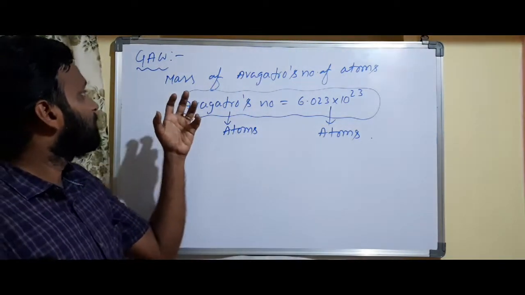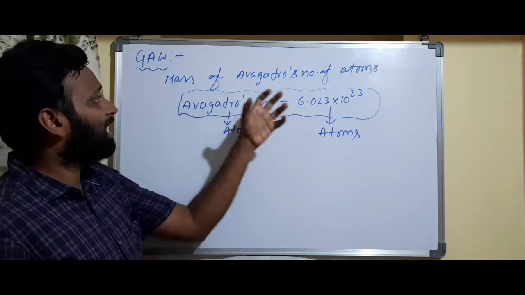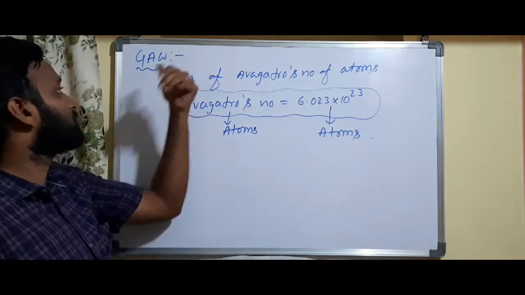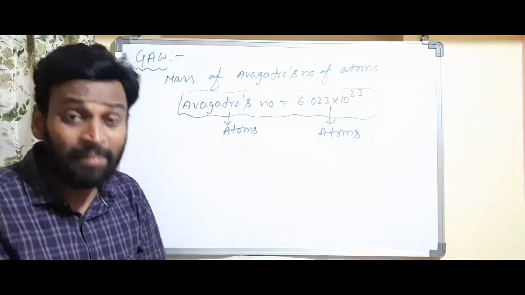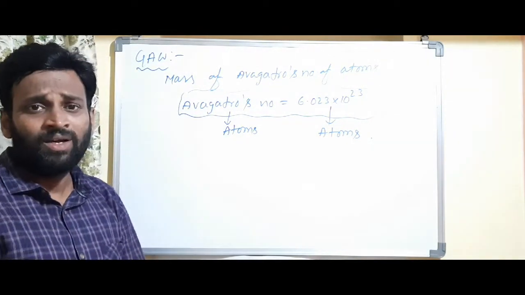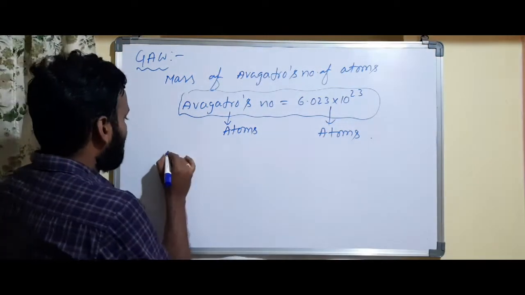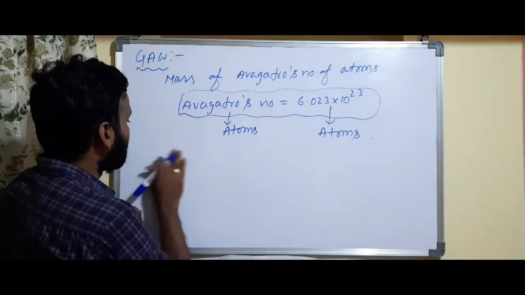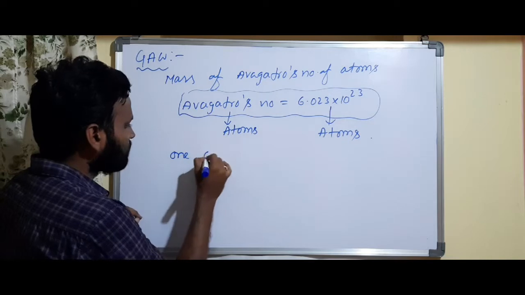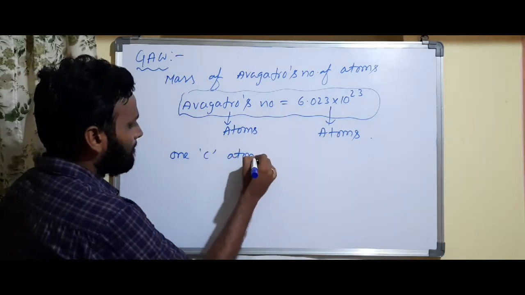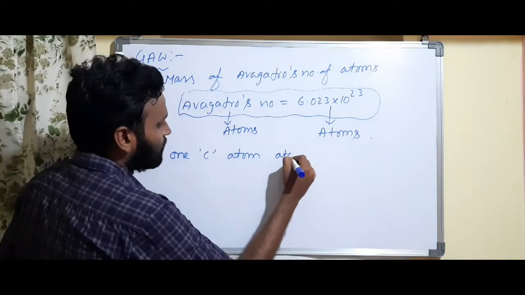What is the mass of Avogadro number of atoms? That is called gram atomic weight. Very simple. How to calculate? I'll tell you. Suppose carbon, one carbon atom atomic weight.